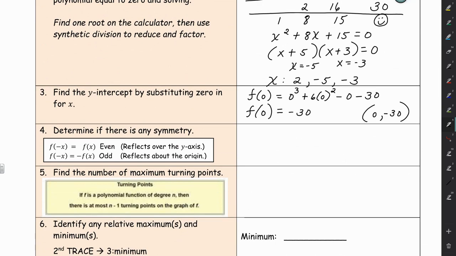Now we want to find out if there's any symmetry. So we're going to substitute -x into our function and see if our terms change sign or not. You have to be really careful when you do this. Make sure you use parentheses and just take your time and write it all out. It really is worth it.